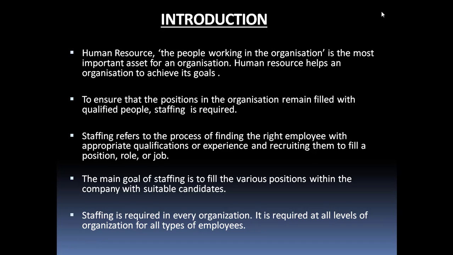When a plan is made to achieve the organizational objective, an organizational structure is made for that. Now the third important function of management is to have the right number of people, the right people in the organization who will help the organization achieve those goals and objectives. And that is done in staffing.